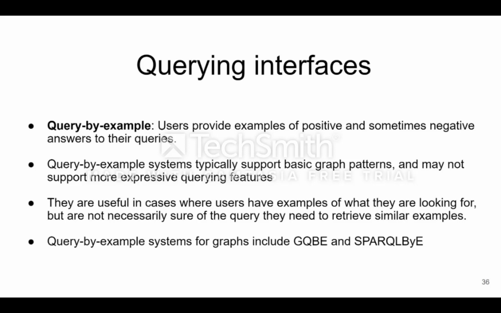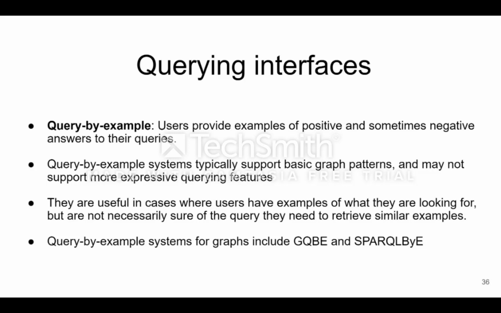For example, they may provide as positive examples the nodes Eureka, Santiago, and Vandenberg, and as negative examples the nodes Chile and Lima, where the system will then reverse engineer a query that returns positive examples but not negative examples. In this case, the query proposed may return nodes of type city whose country is Chile.